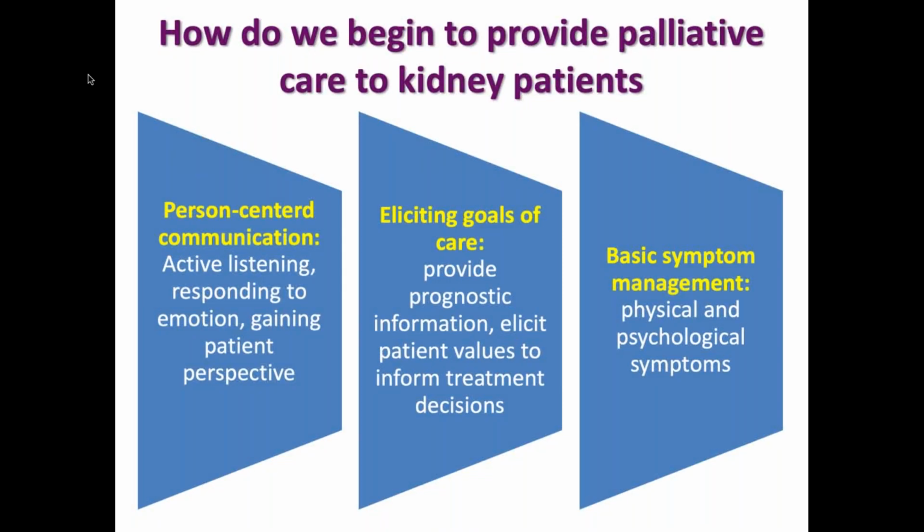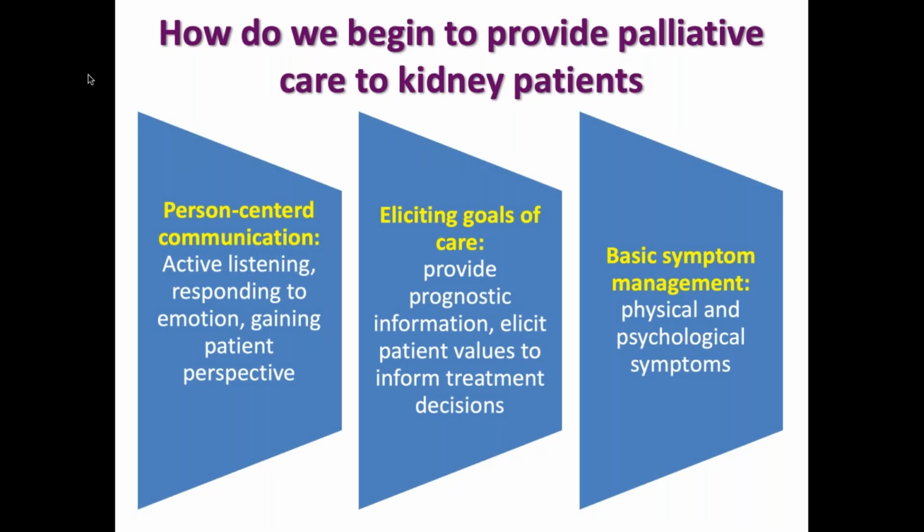So how do we begin to provide palliative care to kidney patients? There are three components to this. The first one is to initiate patient-centered communication. What is patient-centered communication? This consists of active listening.